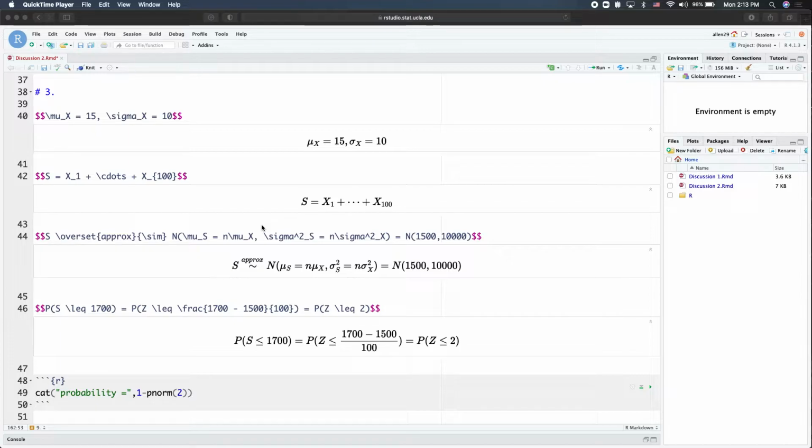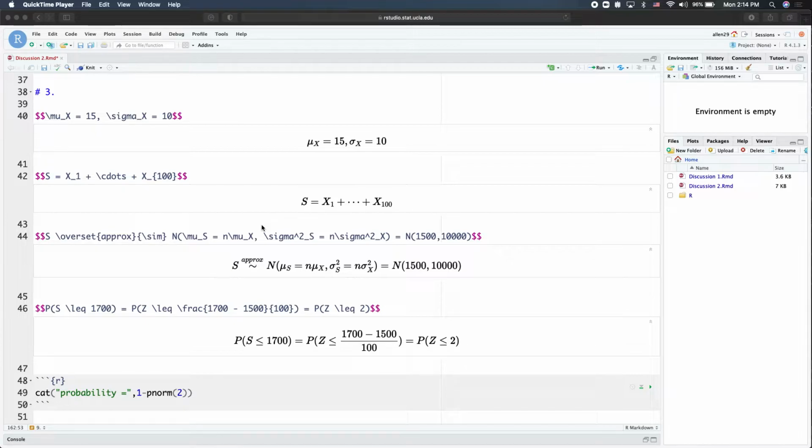So it's n multiplied by mu, which I use a subscript x for. It's always a good habit to write down the subscript just to differentiate explicitly which term you are talking about. So the mu of s is equal to n times the mu of x, and the variance of s is also n multiplied by the variance of x.